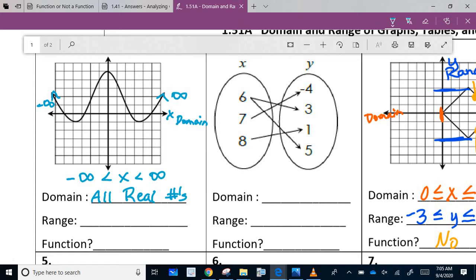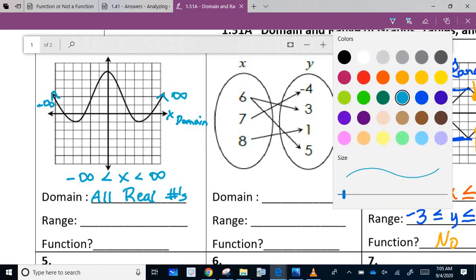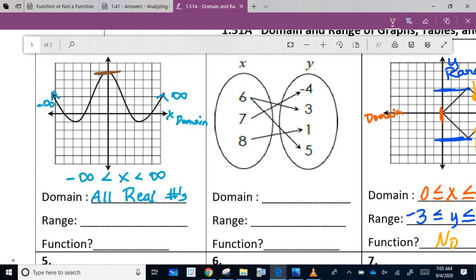Now, when we look at range, though, we see that on range, we have the highest point and the lowest point right here. This one is the range, which you're talking about the y-axis. So now, since it does have a definite cutoff space, we're going to go ahead and put y less than or equal, less than or equal.